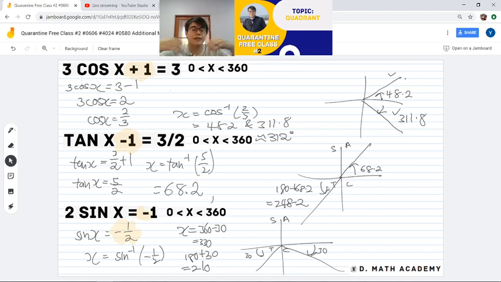Okay, you cannot write the answer as negative 30 because it doesn't represent the degree. There's no negative 30 here. Okay, always refer to the range, then change your answer accordingly. Okay, the 30 is telling you the distance to the exact degree that the question is referring to.